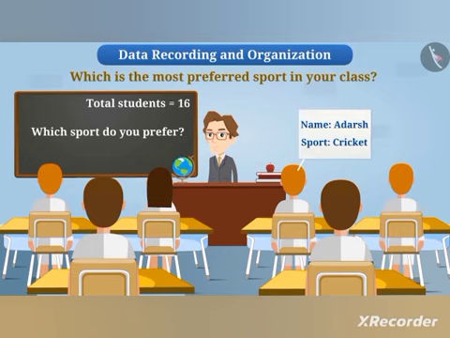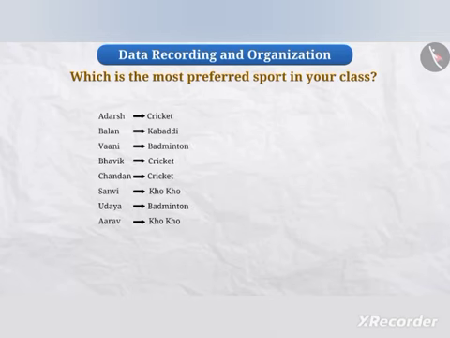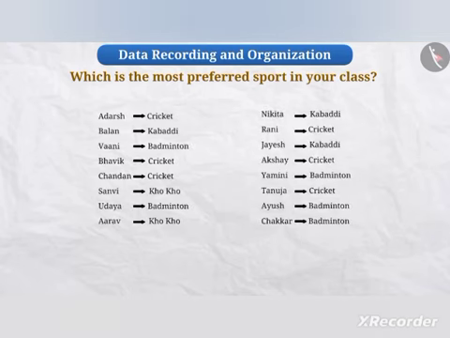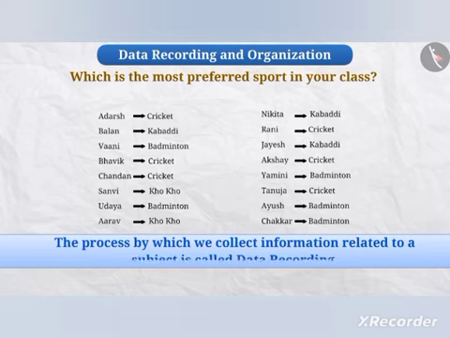By using any of these methods, you will know the preferred sport of each student. For convenience, we store the information received on a medium such as a notebook. As shown here, the student's name and his preferred sport is given. The process by which we collect information related to a subject is called data recording.